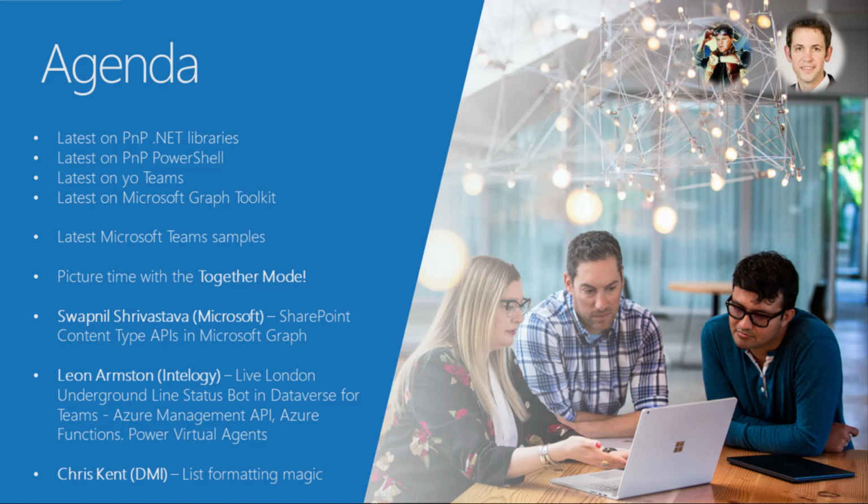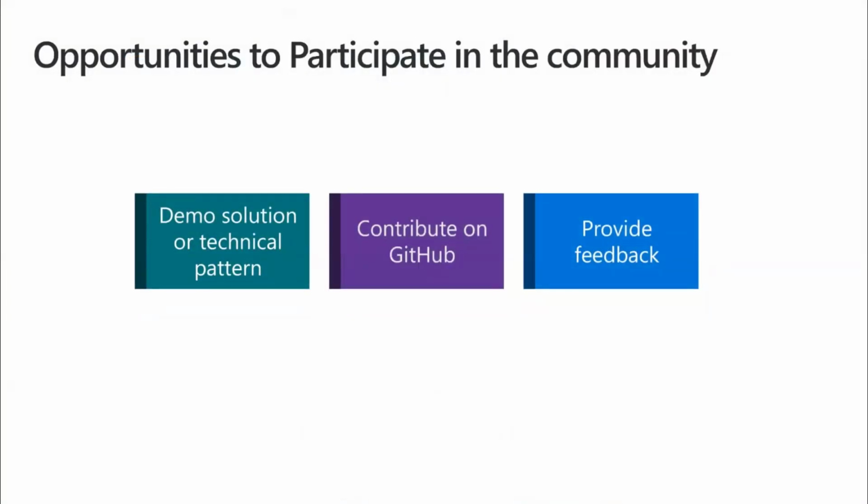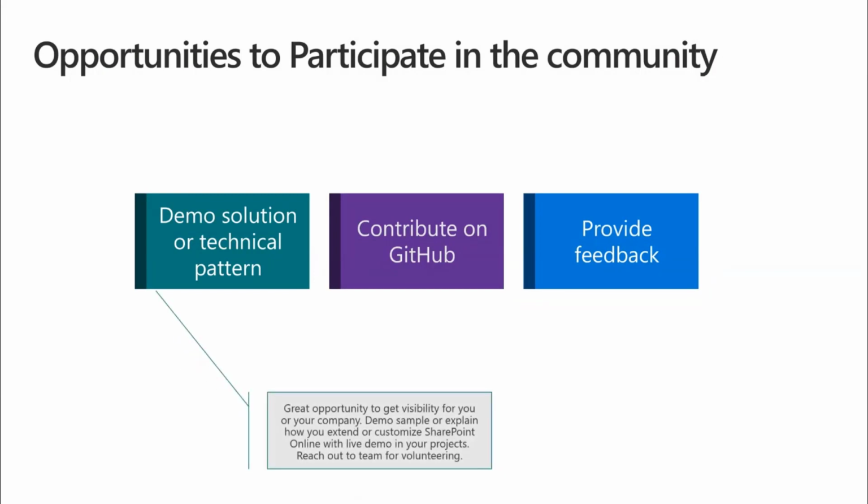Now, a quick recap also on the opportunities to participate in the community. We would love you to do a live demo in this community call. It is a great way of getting an MVP status or keeping your MVP status. All of this is obviously optional. You do not have to volunteer for a demo, but it's a great opportunity for those who would love to do so.